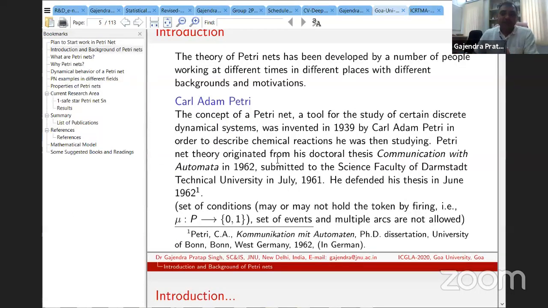In fact, this concept, the Petri net, was introduced by Carl Adam Petri when he was 13 years old.